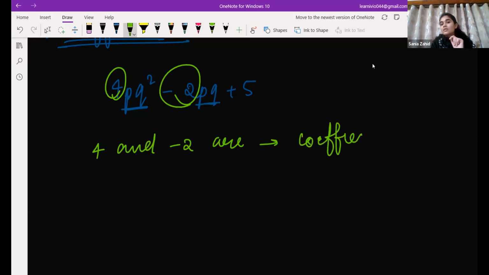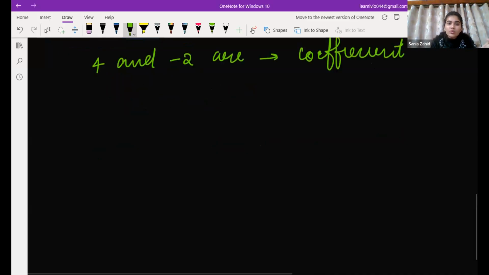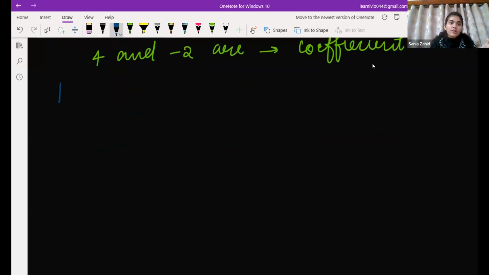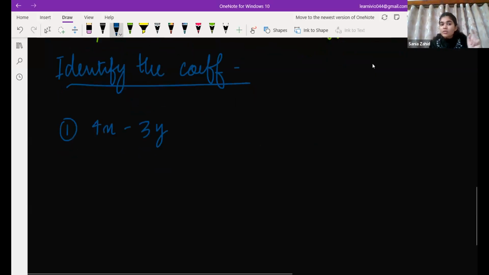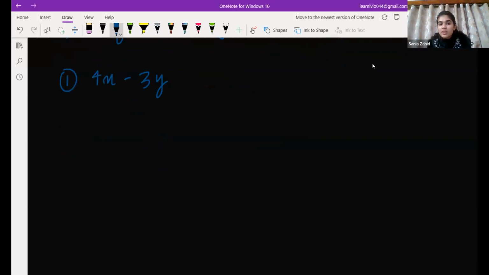Do you understand? Is this much clear? Yes, ma'am. Okay. Now you have a question where you have to identify the coefficients. You have 4x minus 3y. So Razan, tell me, what are the coefficients in 4x minus 3y? 4 and minus 3.